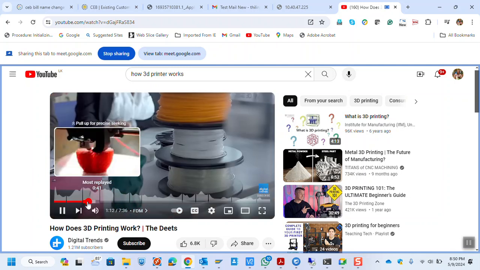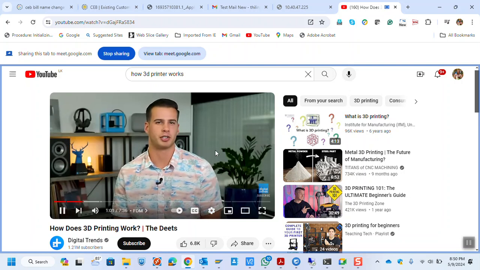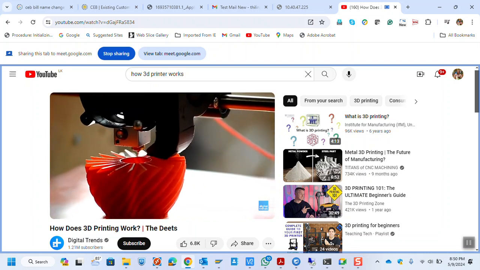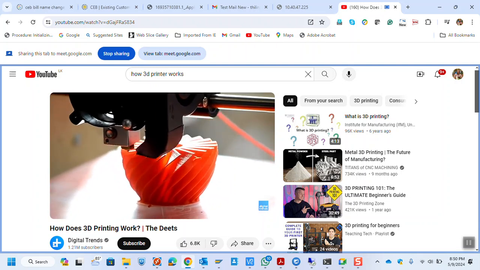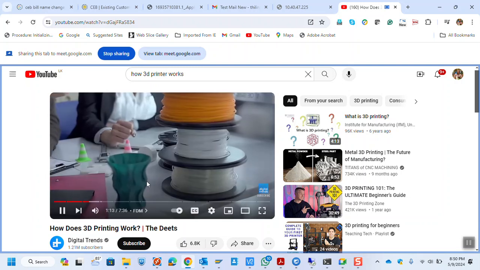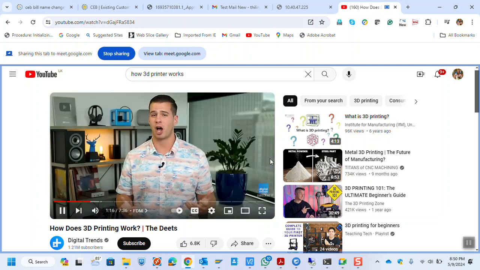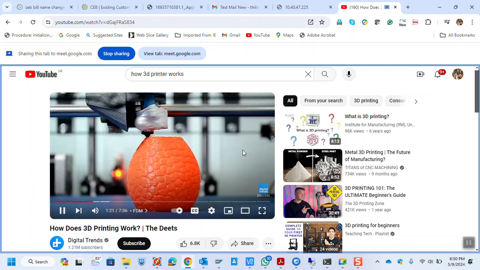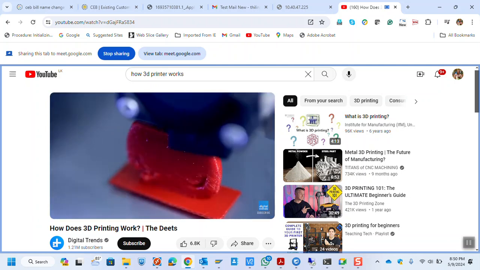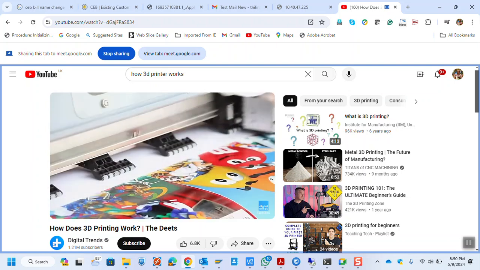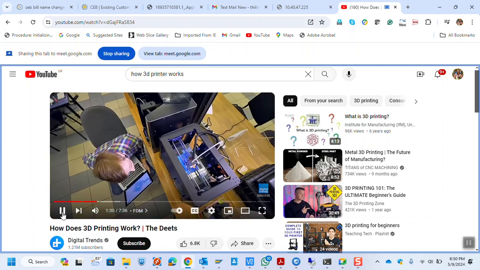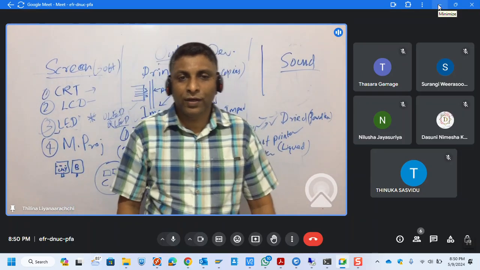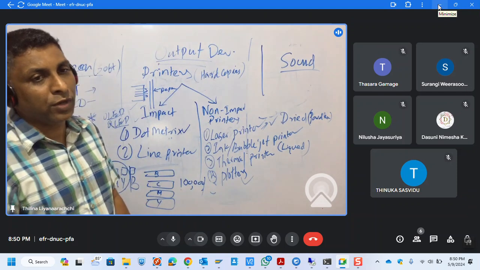This is how 3D printing works, right? So in our book, we are talking about 2D printing, only two-dimensional printing, right?